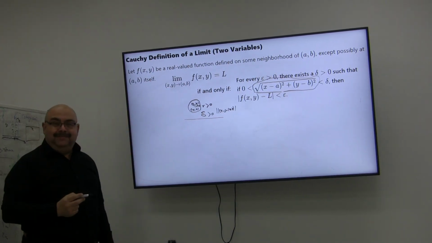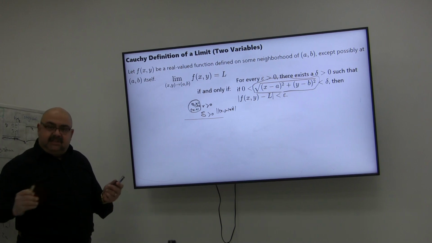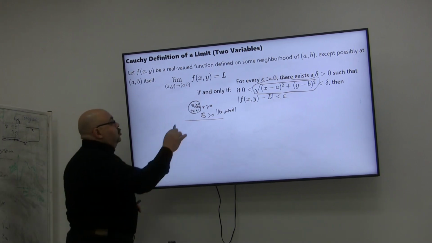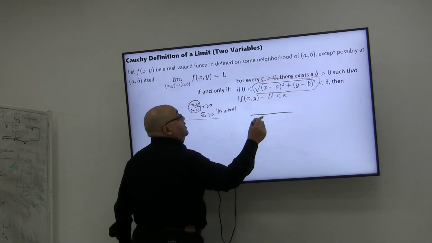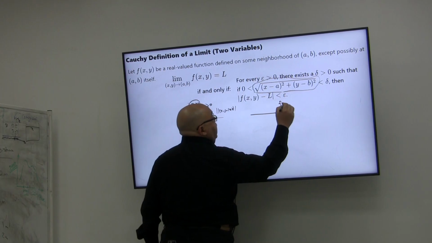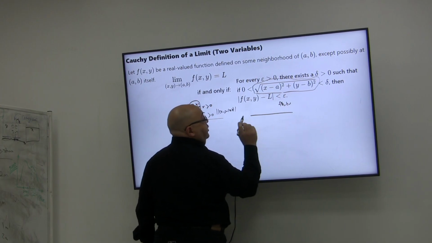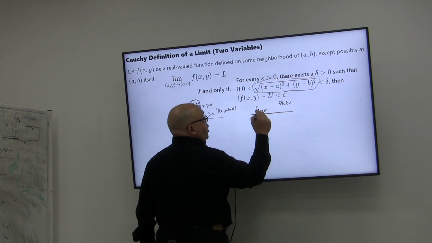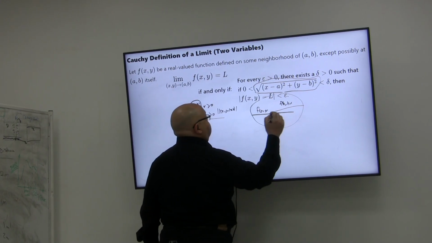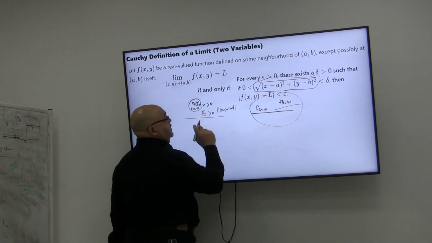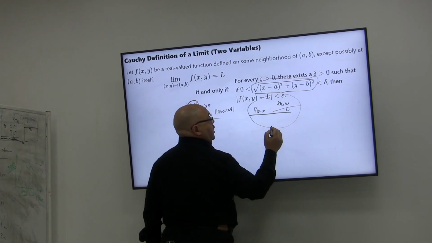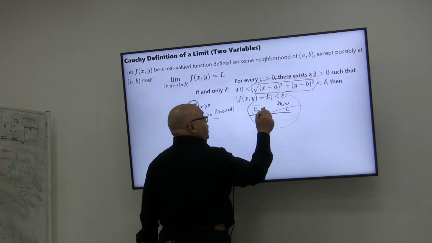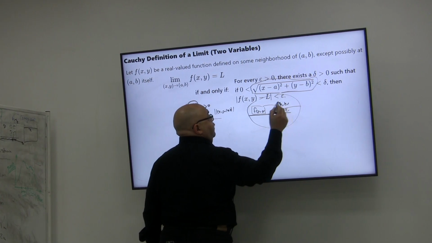Remark, Farid, in the input, of course, we know a function links the input with the output. So in the output, this is the value of the function f at (a, b), and for the function f of (x, y), we should find an open ball with radius delta, in which the value of f of (x, y) will approach f of (a, b).